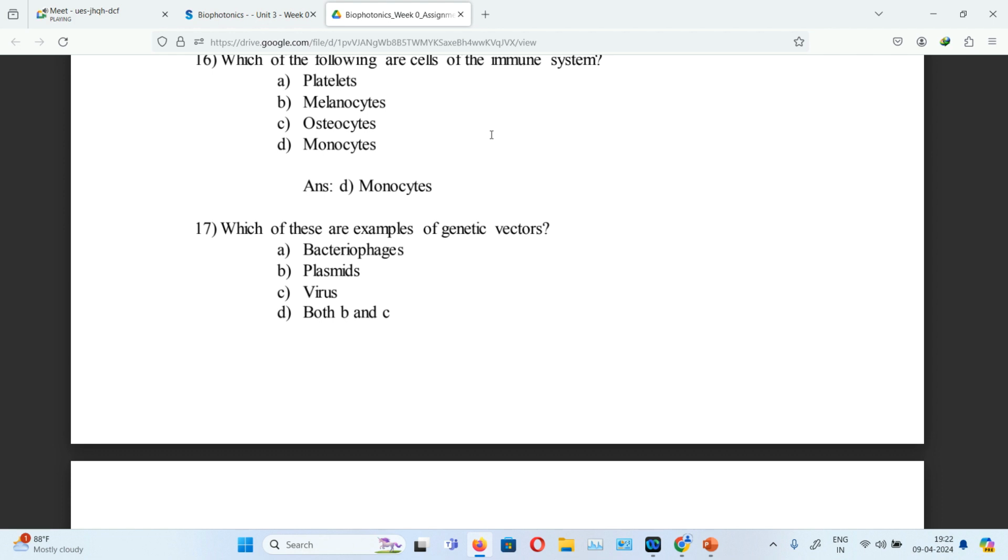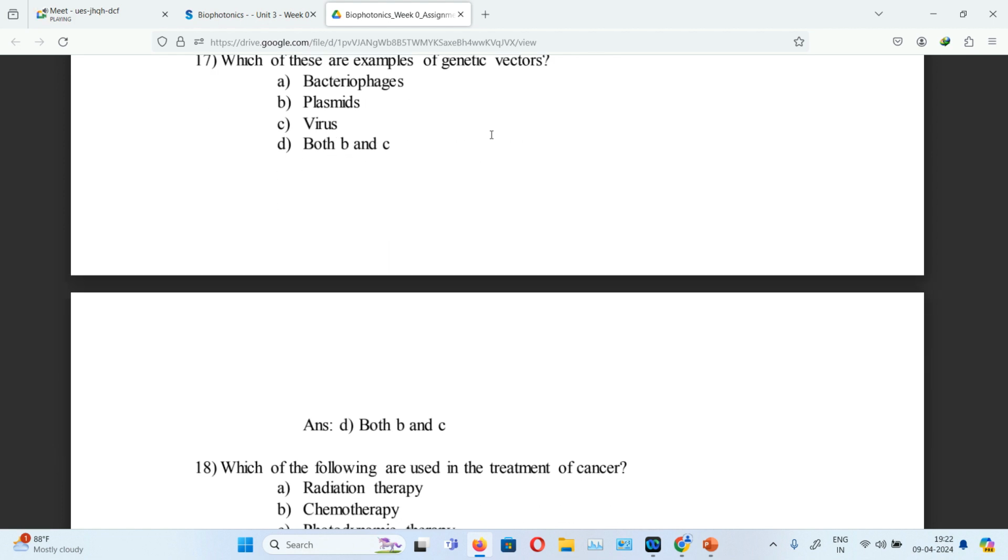Viruses multiply and then break the cell wall and come out. But in the case of a plasmid, it stays inside the cell and gives the bacteria some extra immune power and other things, so it goes along with the bacterial generations. So the answer is both B and C.